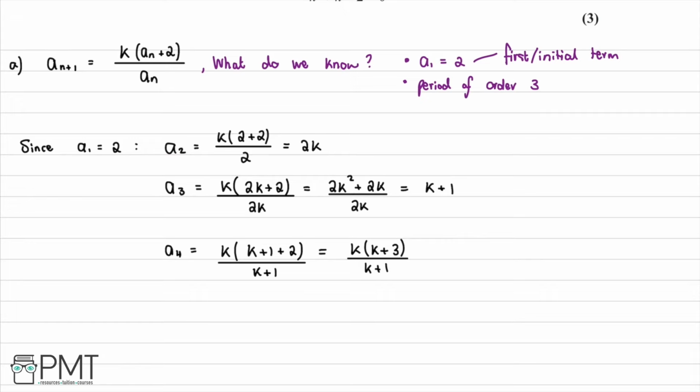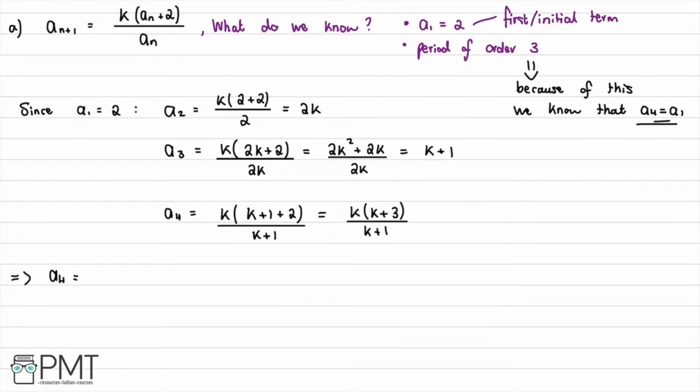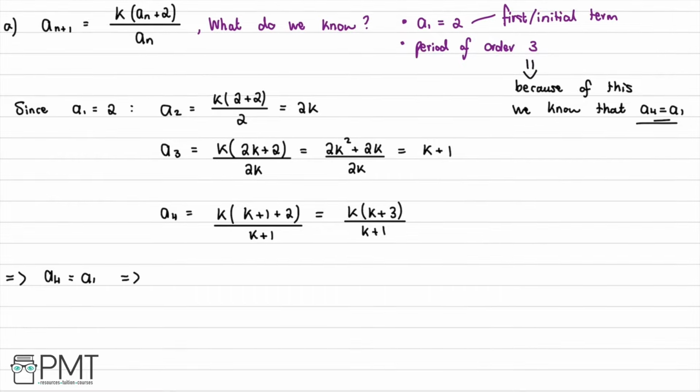And why is this? We know that we have a periodic sequence of order 3. So what does this mean? This means that a4 is going to equal a1. So we had a4 equal to k lots of k plus 3, divided all by k plus 1, and we set that equal to 2 because that was our value for a1.